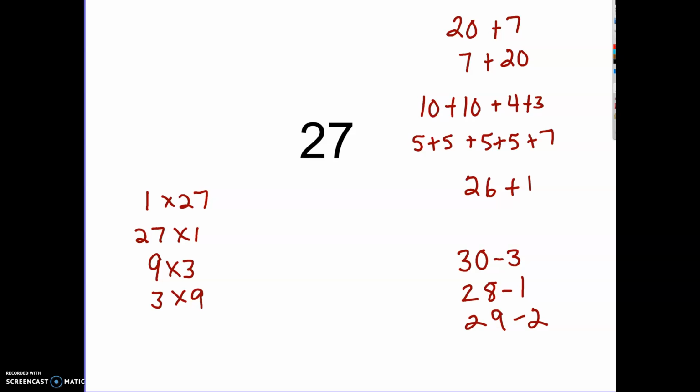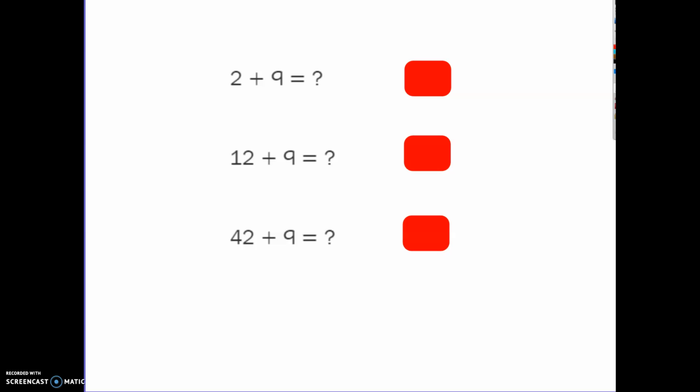Good job. Now we're going to do a little mental math because we're going to work on solving these problems in our head, because we're talking about some basic facts and extending those basic fact problems. So when I think of my basic fact 2 plus 9, I know that that is 11. My next problem is 12 plus 9.